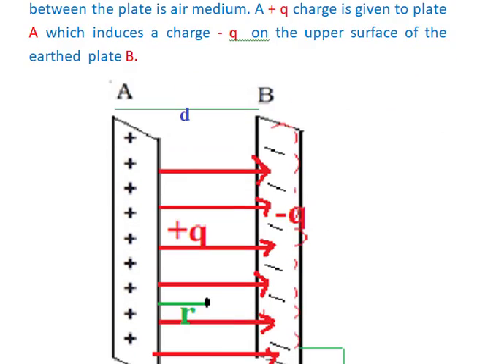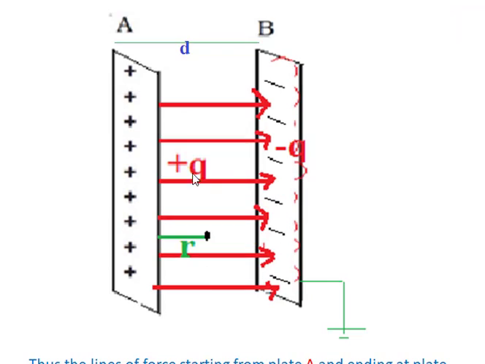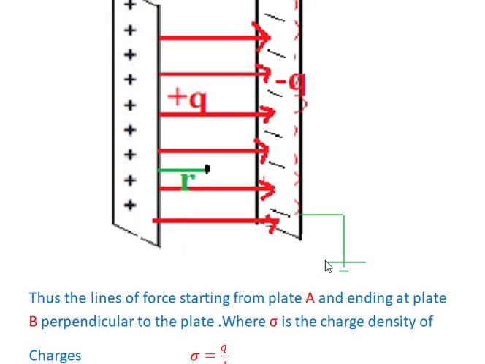This is the earthed plate B. So plate A consists of positive charges, plus Q, separated by a distance d. This is the plate B. This positive charge induces the negative charges on this surface. The back side of this plate B is earthed.